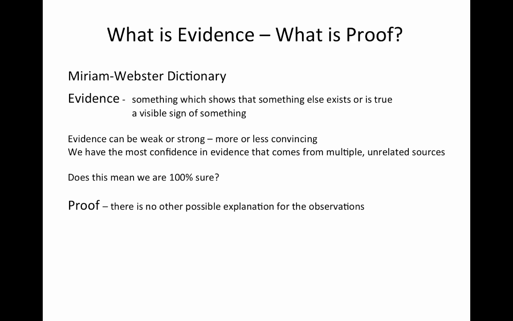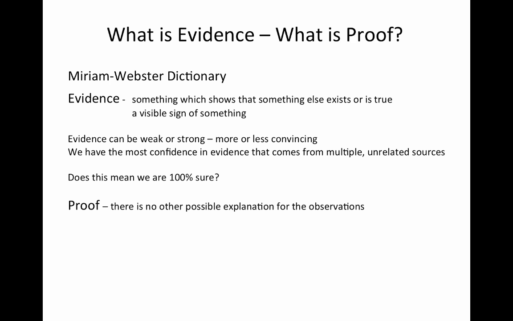A body of evidence that is very convincing to me might not be very convincing to you. You really think that there's another explanation that seems plausible. So if we're going to have any kind of objective definition of proof, I think it would have to be that you've proven something if there is no other possible explanation for the observations. So this comes down to a logic problem, a logical argument.